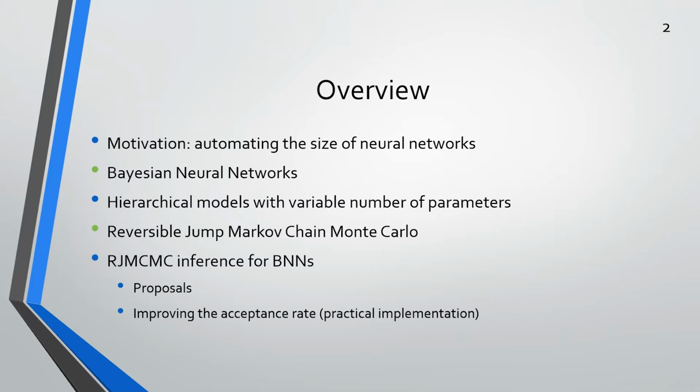And depending on time, I'll go into the inference method of reversible jump Markov chain Monte Carlo, which is the approach that we're trying to implement to explore these variable size Bayesian neural networks. And I also have some early results from some of my experiments to show off, just to demonstrate how this can be applied to practical data sets.